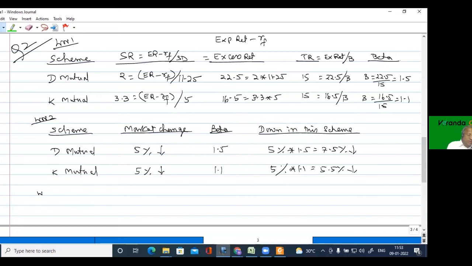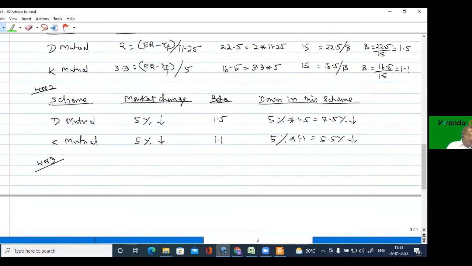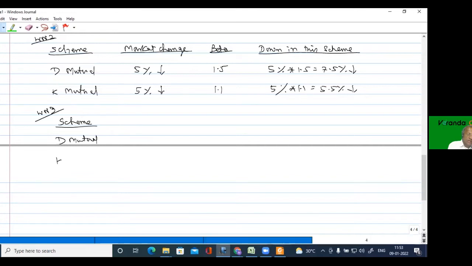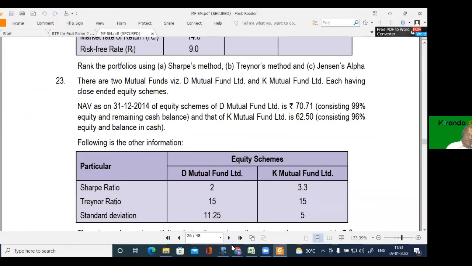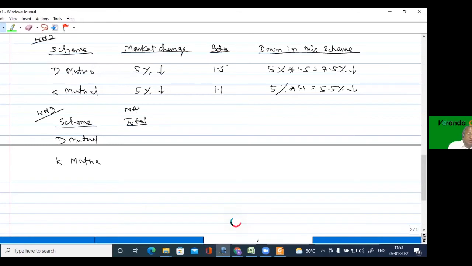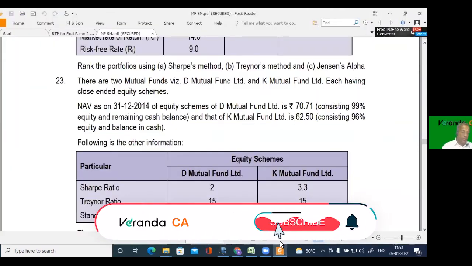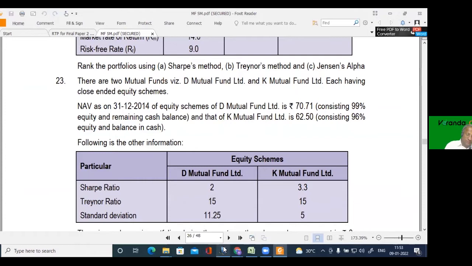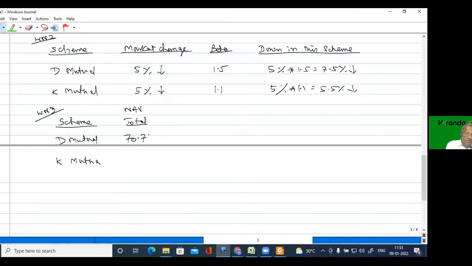Now working note number 3, where the scheme is D mutual and K mutual. In this, the NAV total is 70.71, consisting of 99% and remaining 1%. 70.71 and it is 62.5.